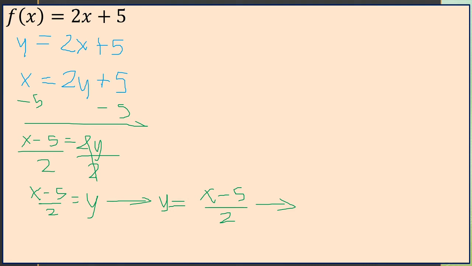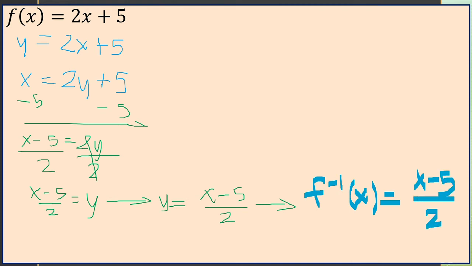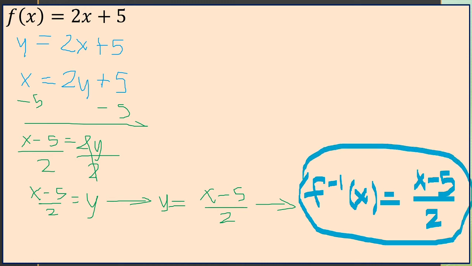So we have f raised to negative 1 of x is equal to x minus 5 over 2. So ganyan po dapat yung final answer natin. Dapat naipakita natin yung inverse of this function. Next example.